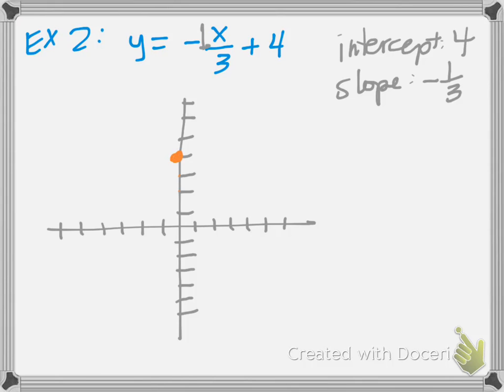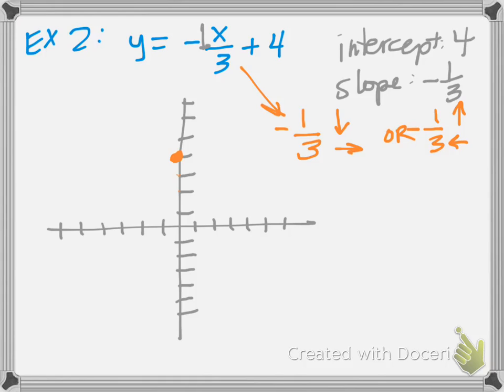And then on the slope, we can either go down 1 to the right 3, or negative 1/3 could be up 1 to the left 3. You'll get the same line eventually. Since I got some more space on my graph in the lower portion, I'm going to go down and then right in this case.